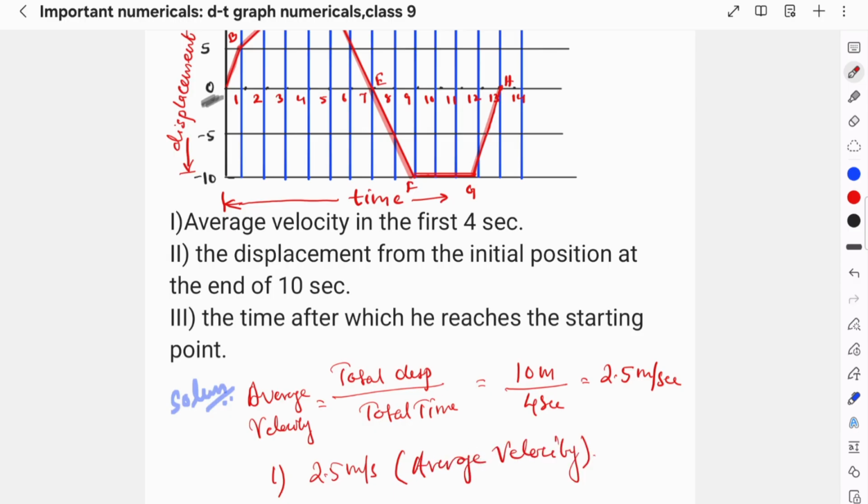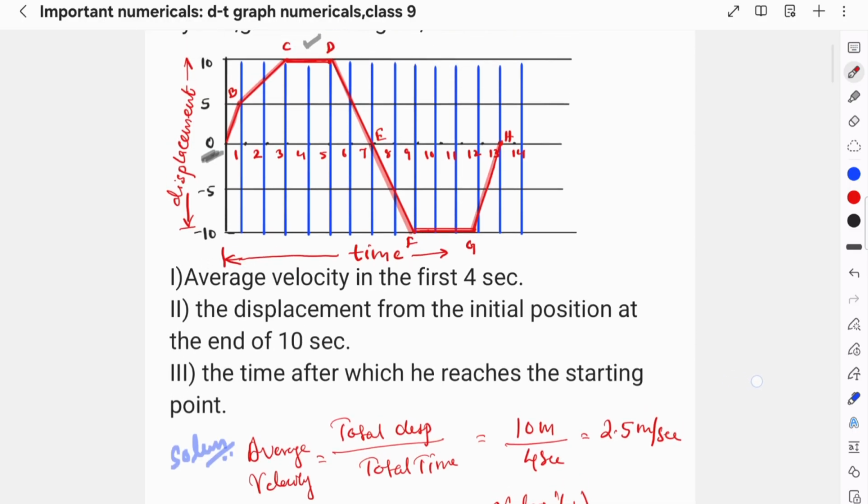Now the second part is the total displacement from the initial position at the end of 10 seconds. Now see, at the end of 10 seconds, 10 seconds is somewhere here.